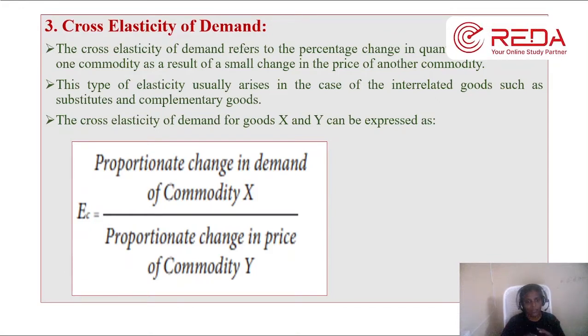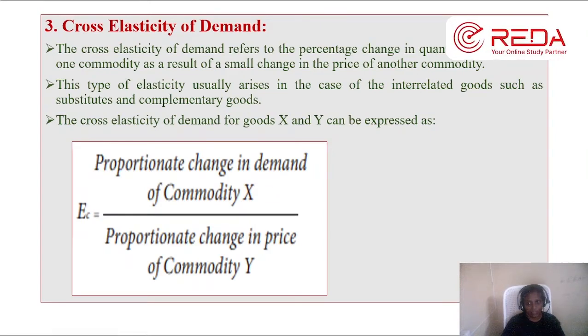So what will happen with changes in the price level? If the price of petrol increases, what will happen to the demand for petrol cars? The demand depends on that.